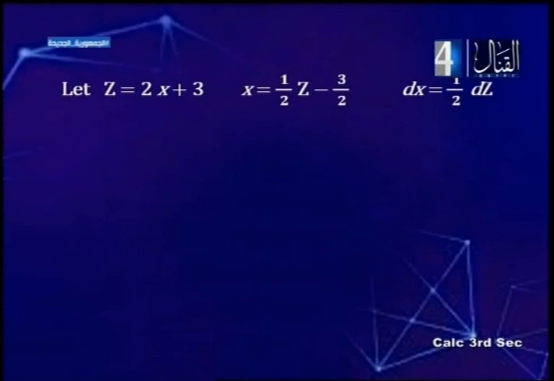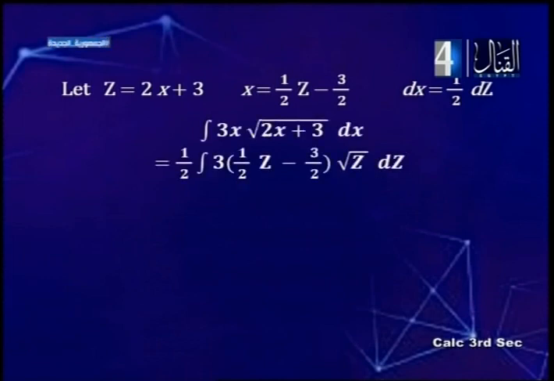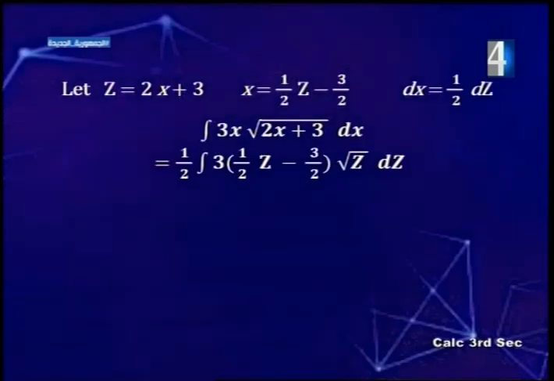The integration of 3 times x times the square root of 2x plus 3 dx can be written as half the integration of 3 times (half z minus 3 over 2), which is the value of x, times the square root of z, which equals 2x plus 3, and dx equals half dz. Then we have a new function: half the integration of 3 times (half z minus 3 over 2) times root z, with respect to the variable z.